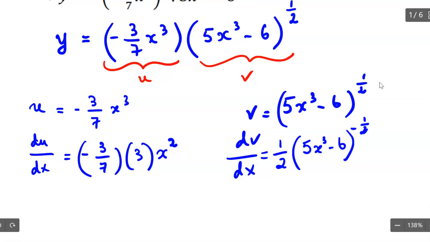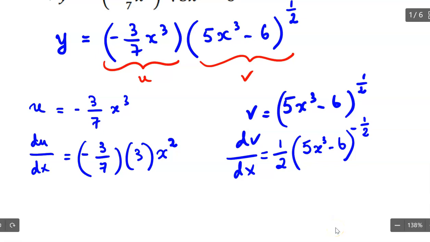Now my next step is I must multiply this with the derivative of the function inside the brackets because I have to apply the chain rule. So apply the chain rule here. Take the derivative of the function inside the bracket. I should have 3 times 5, so that will be 15 x squared, right?